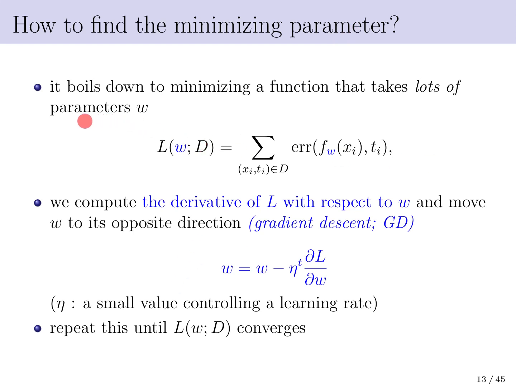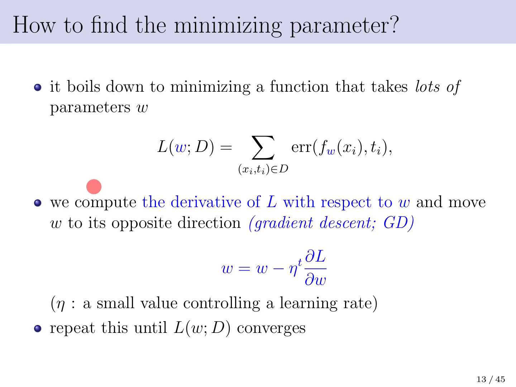Like I already suggested, it actually boils down to minimizing a function that takes a lot of parameters W. The function you want to minimize looks something like this: the summation over the entire data set of the error or the loss between the function output and the true output.